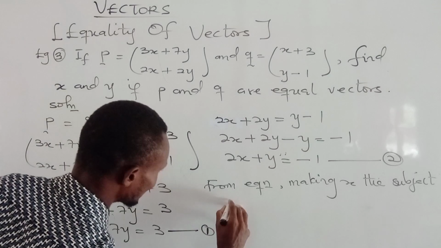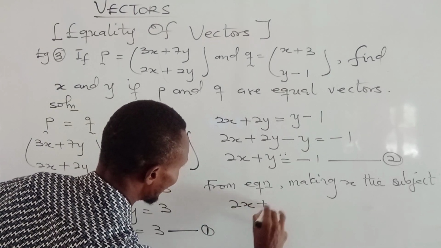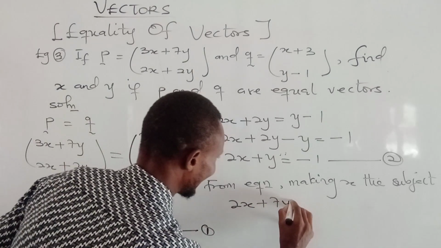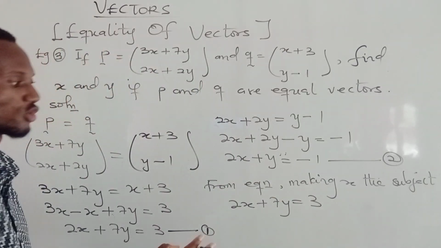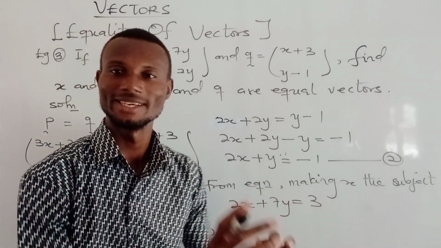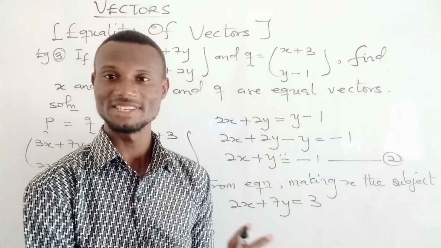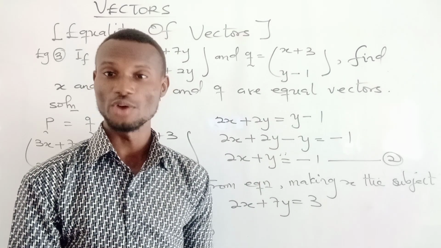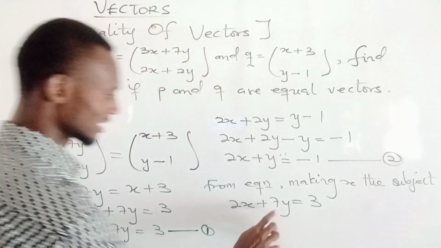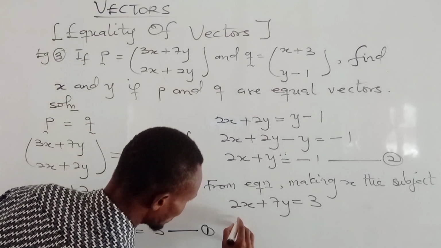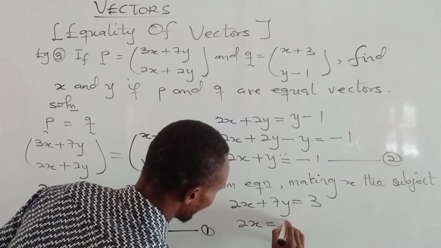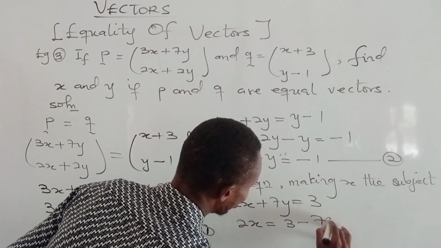So I have that my 2s plus 7y equals to 3, and I want to make s the subject, meaning that s is going to stand alone. So everything which is attached to s, I'm going to move it away. So the first step is that I'll move the 7y away. So I have my 2s will be equal to 3 minus 7y.